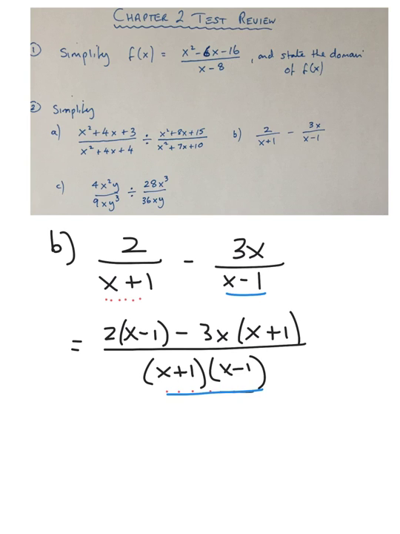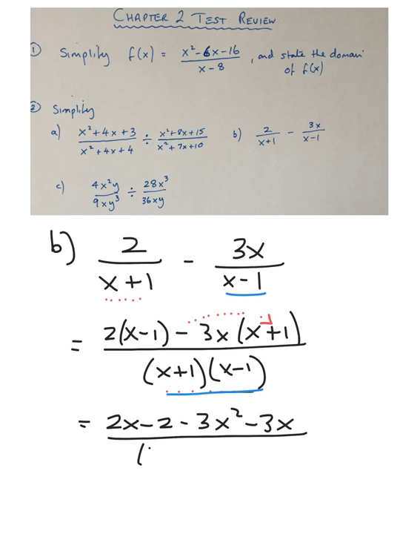So now we have to multiply the top out, and we get 2x minus 2 minus 3x squared. Don't forget that this negative sign will multiply and change that plus sign. So it becomes negative 3x times 1, which is negative 3x, all over x plus 1, x minus 1. We don't have to multiply the bottom out. We can leave it as it is. But we do need to simplify the top.